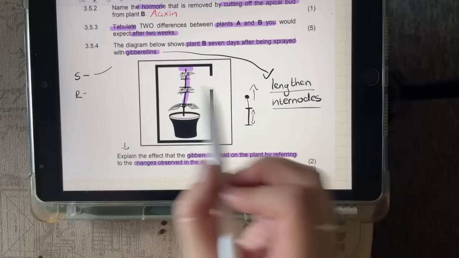Oh, my screen is frozen. Why is it frozen? I feel like I'm having no success. You can hear me, but it's frozen.